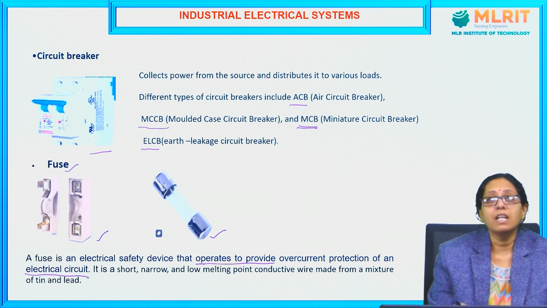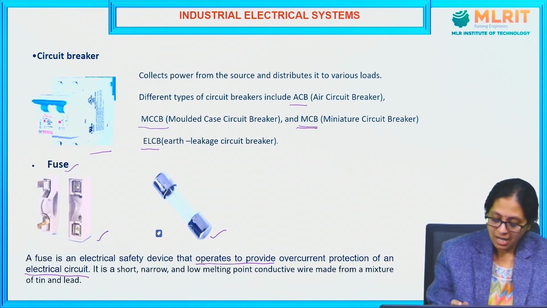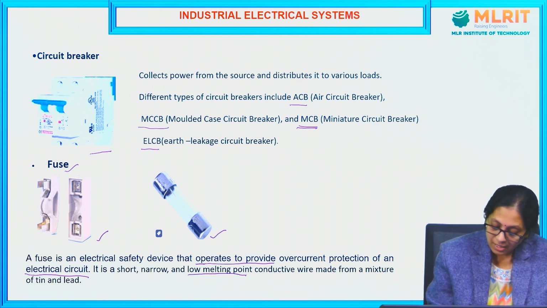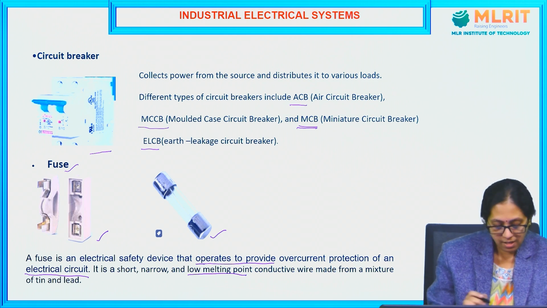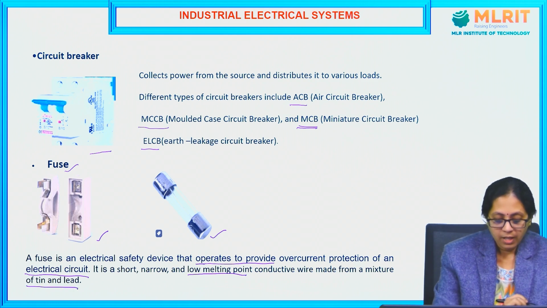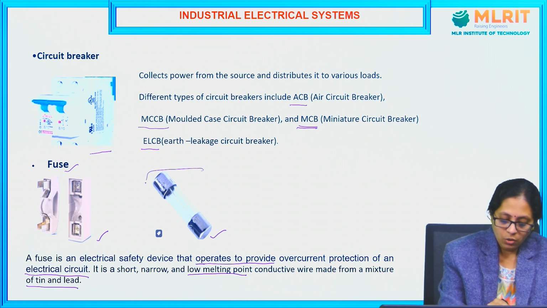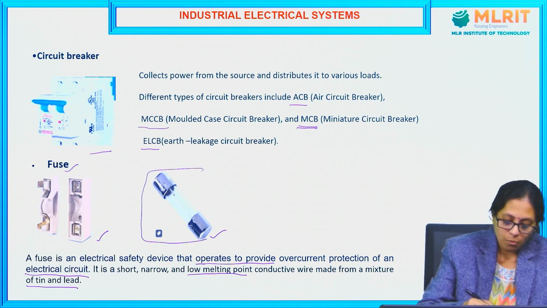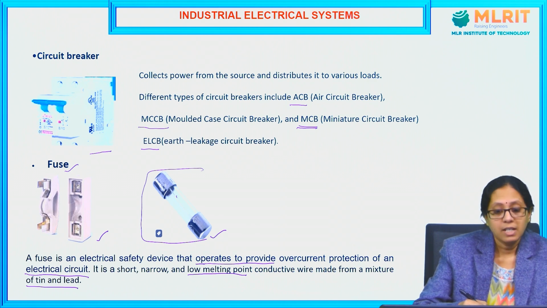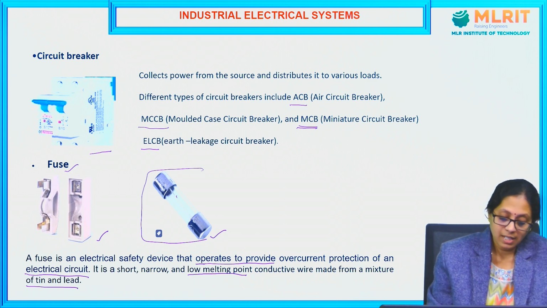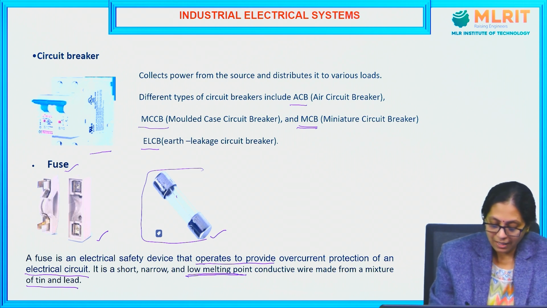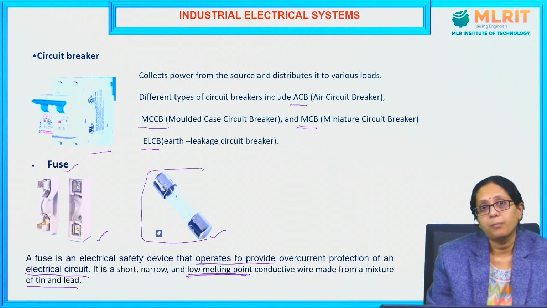It is a short, narrow and low melting conducting wire made from a mixture of tin and lead. Here in this picture, you can see a small conducting wire inside the fuse. This is nothing but the low melting point conducting wire.